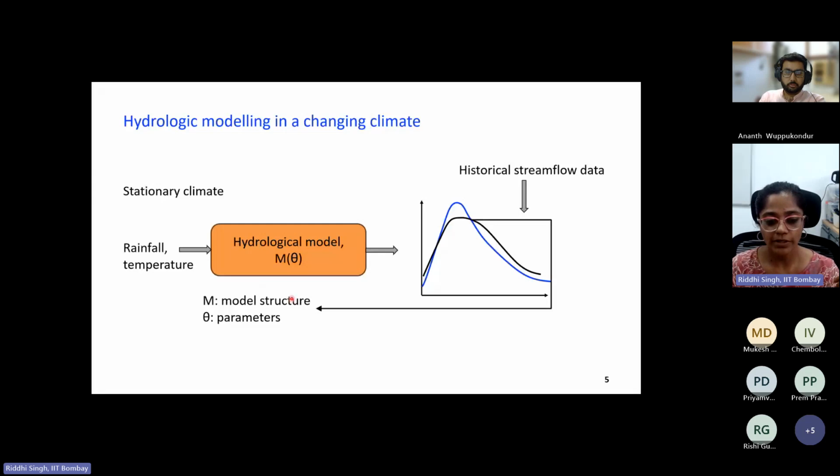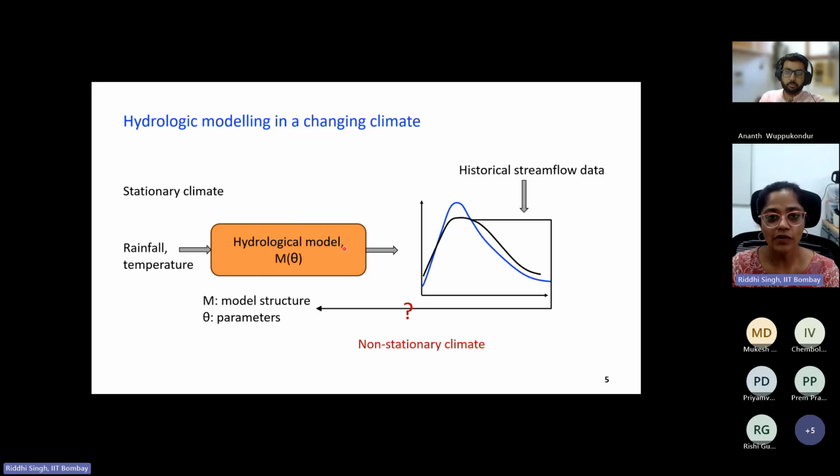And then in order to predict future hydrological fluxes like ET or soil moisture or runoff, we then feed climate information into this fitted hydrological model. But when climate changes, there is now more than a decade's worth of research that shows that this approach does not really work well, because as climate changes, the fundamental nature of catchments changes and they co-evolve with the climate.